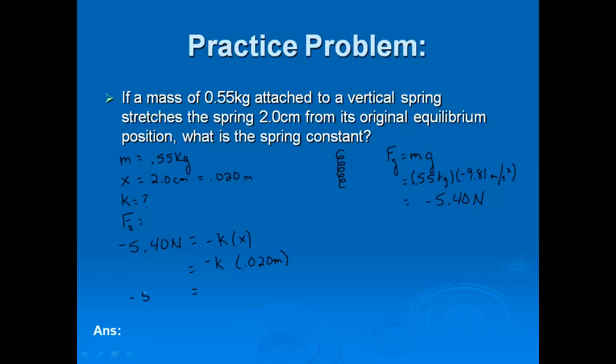So I'm going to have negative 5.40 newtons is equal to negative k times 0.020 meters. And if I solve for k, I will now get 270 newtons per meter, and that is our answer. So using the things that we know, we can actually work our way pretty easily through this information.